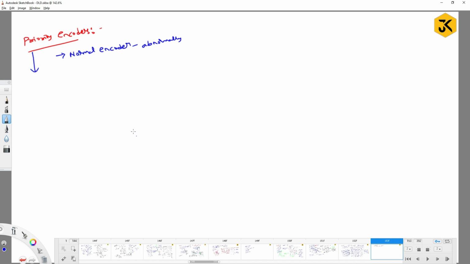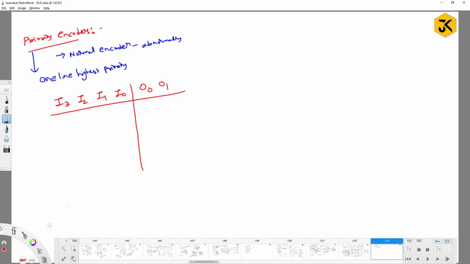In priority encoders, we simply define one line as having the highest priority. That line depends on our requirement. For example, I3, I2, I1 and I0 are the inputs, and O0 and O1 are the outputs.